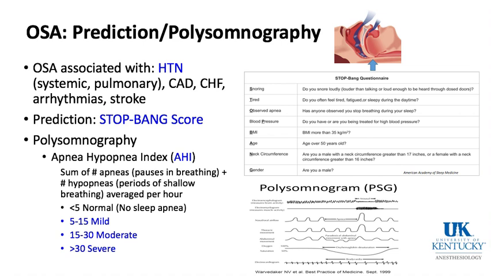So if someone had, let's say, over a period of 8 hours of sleep, 80 apnea-hypopnea spells, that would be 80 divided by 8 hours, or 10 averaged per hour, and this would be in the mild range. So polysomnography is a way to diagnose obstructive sleep apnea or other causes of sleep issues.